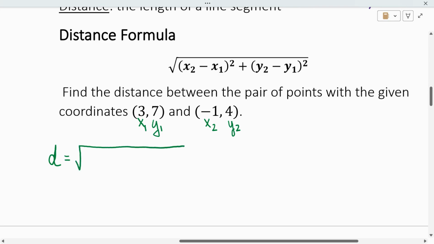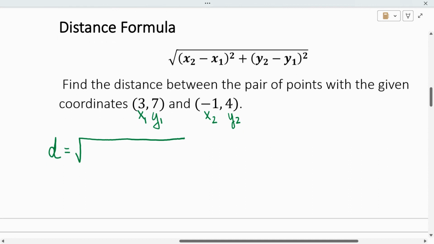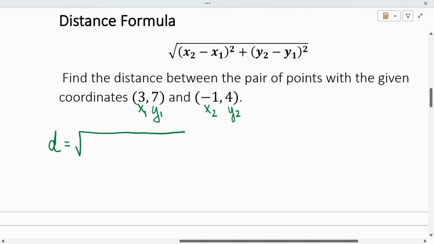All right, so I'm going to draw my big square root symbol. What number am I replacing x sub 2 with? -1. So there's my x sub 2 minus, what number am I replacing x sub 1 with? 3.